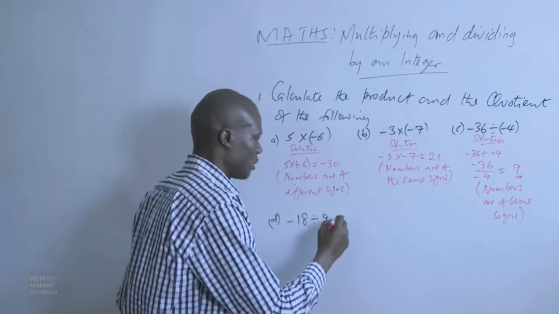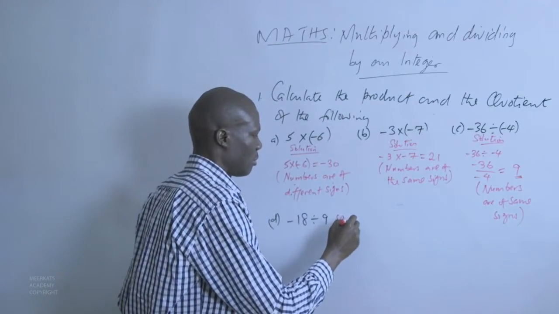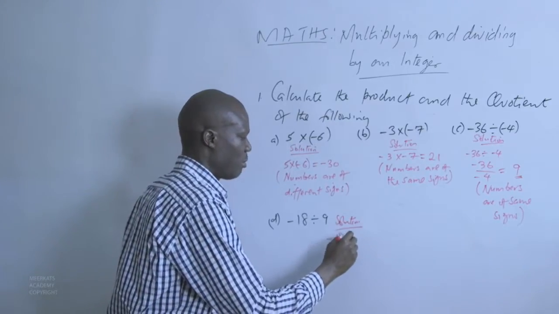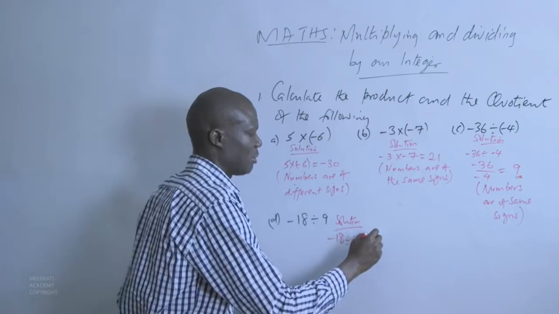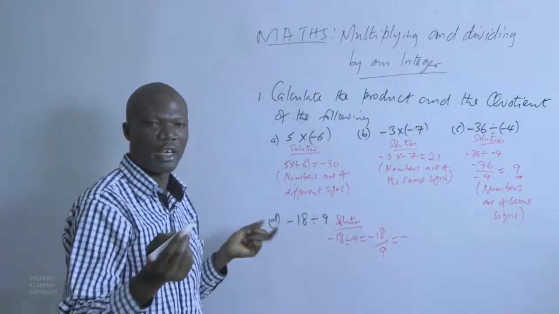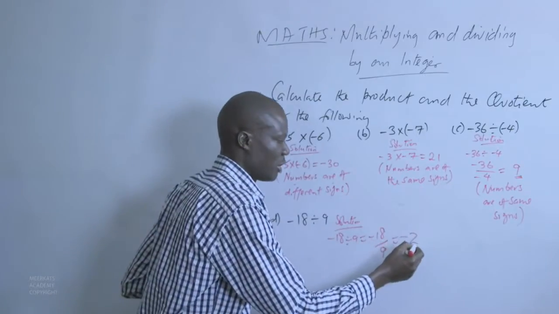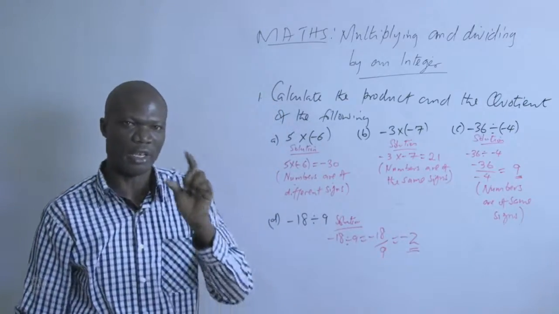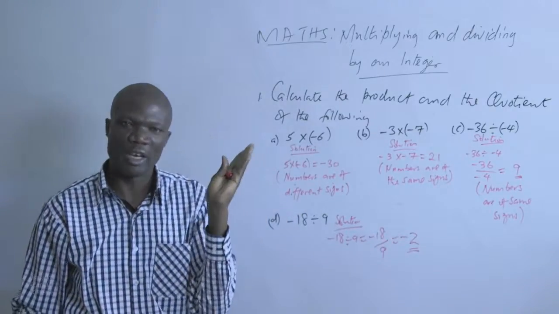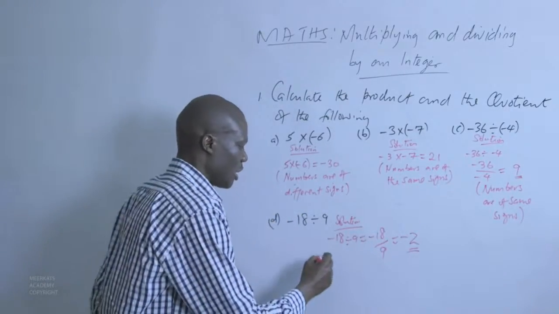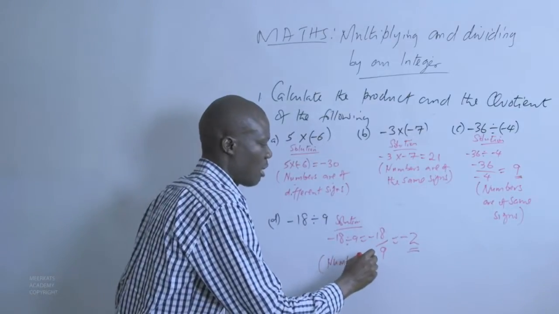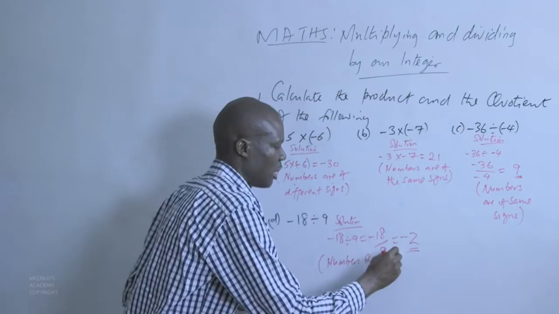So negative 18 divided by 9 is the same as negative 18 over 9, which will be negative, and the answer you'll get will be 2. And again, you give a reason why we have settled for negative 2. We say it is because the numbers have opposite signs.